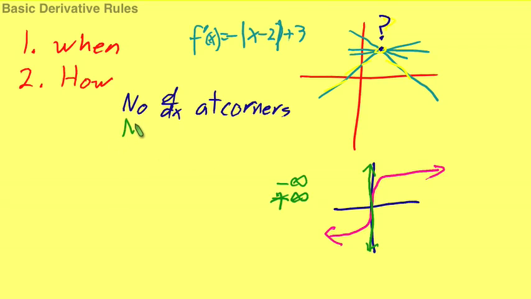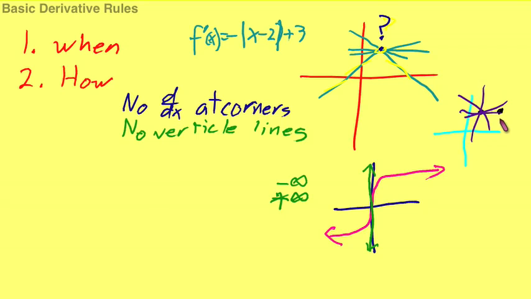So, no vertical lines. Another case, if you have just points, there are no derivatives at points. Again, anytime you get into a situation where you can have multiple tangent lines, you cannot have a derivative.